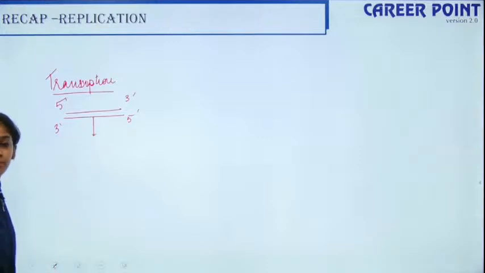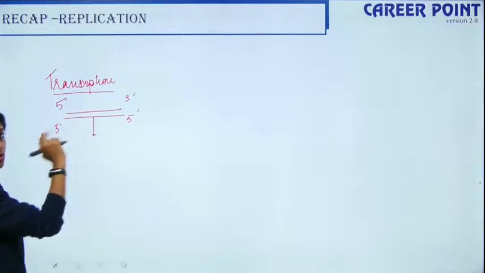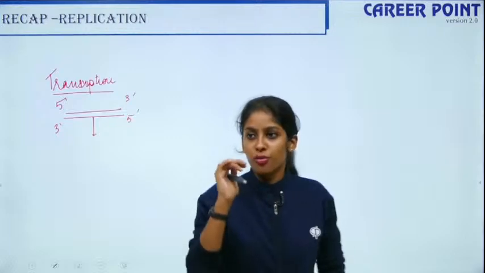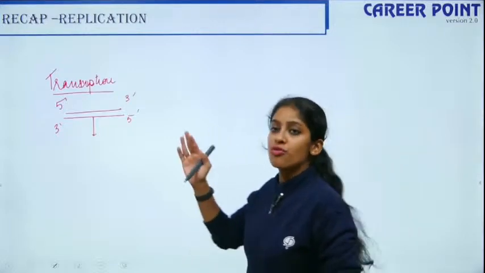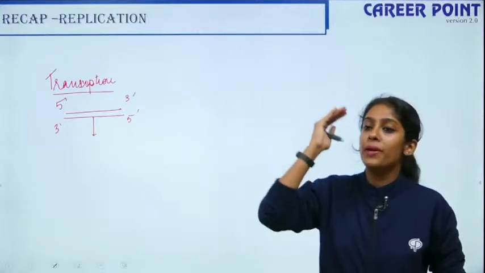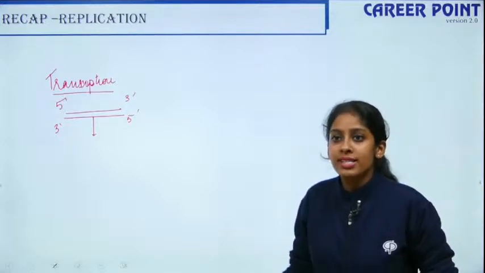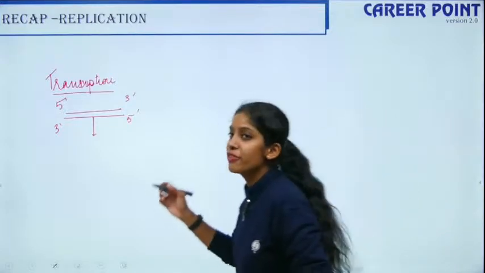Why so? Though I have 2 strands of DNA, both the strands are replicated during the process of replication, but information from only one strand is copied onto the RNA. So why so? I will give you the reason, right?